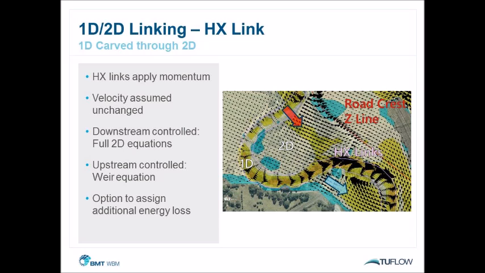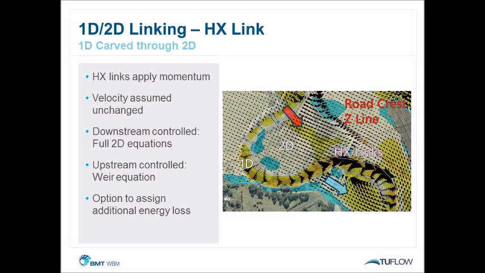The HX link is very nice at allowing that momentum of the water to carry through. You can see there's also a road crest or Z line in the red line. That's an existing road where the water's pouring across, and there's a proposed new highway in the top right corner, which is what this study was investigating.